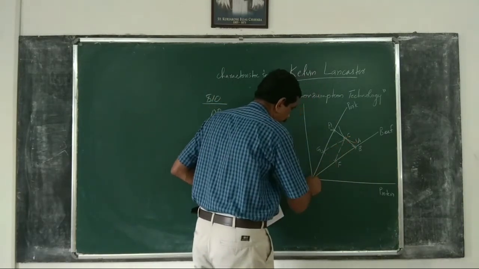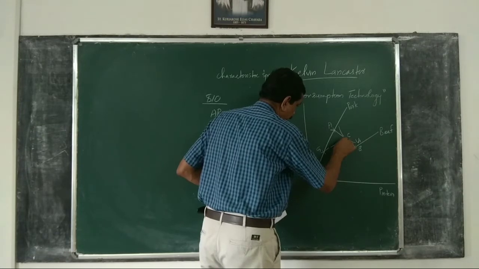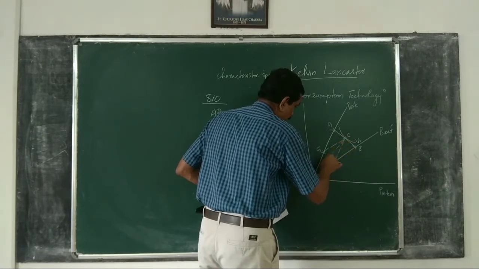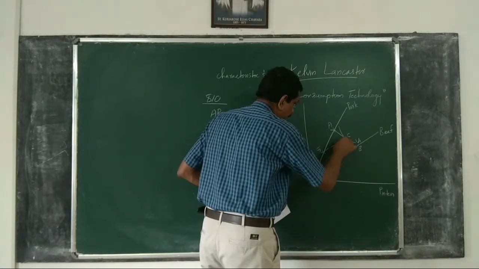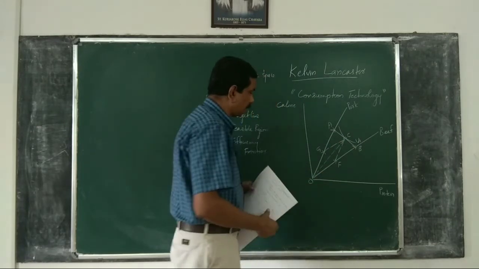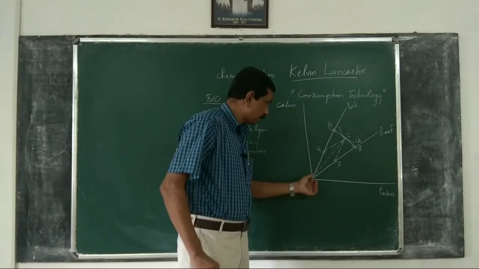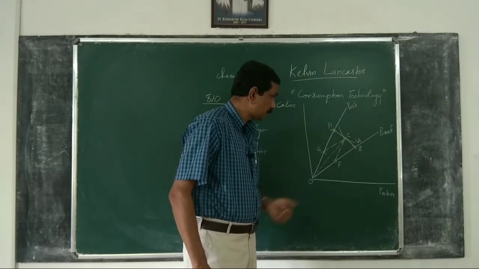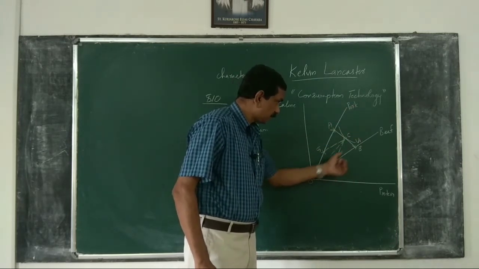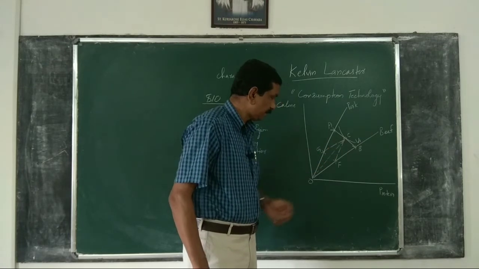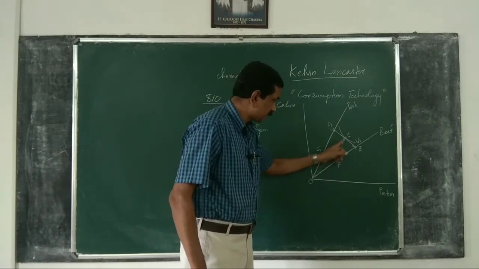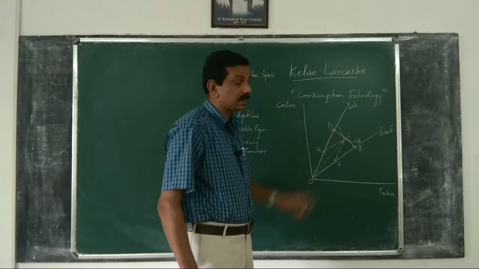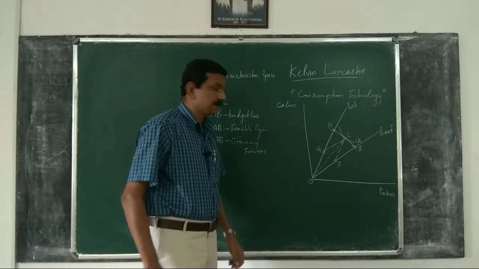The diagonal is the sum of these vectors. So our consumer obtains OG amount of calorie and protein from pork, OF amount of calorie and protein from beef, and he reaches point C, where he maximizes utility.